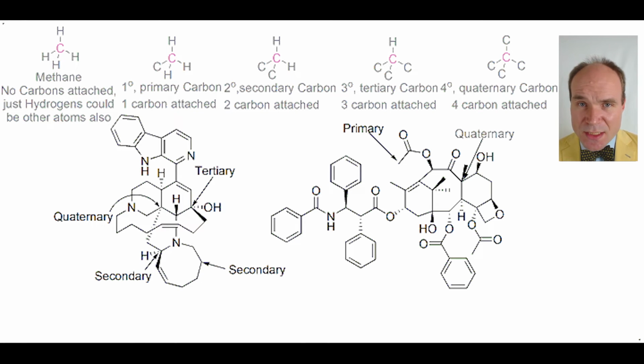So it's a quaternary carbon. Next, if we look at this carbon, we have three other carbons attached. There is an oxygen, but we're not worried about it. Three carbons attached means we're dealing with a tertiary carbon. And lastly, if we look at this carbon, we can see there are two other carbons attached. So it's a secondary carbon.